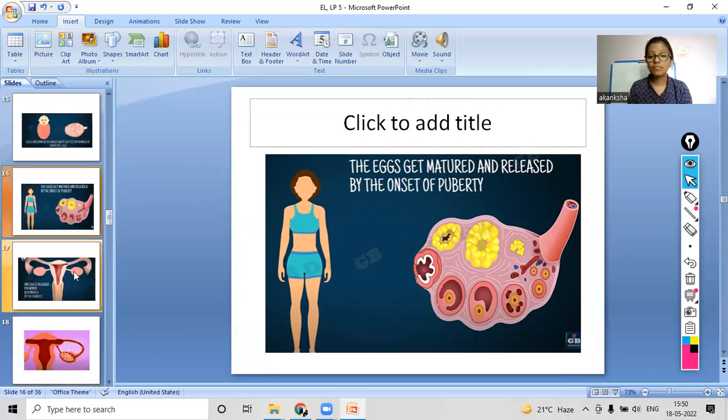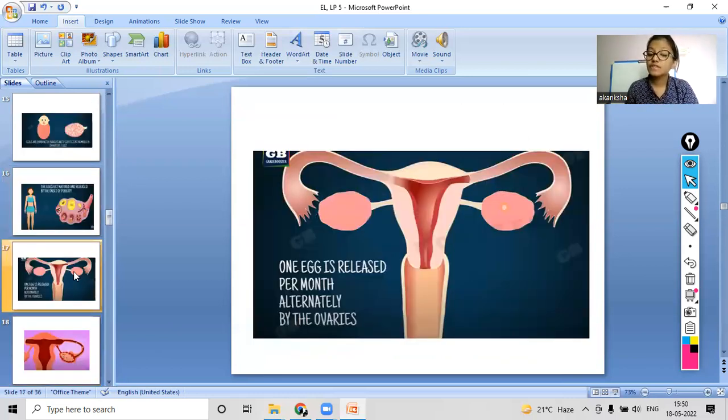One egg is released per month alternately by the ovaries. If it gets fertilized, the female will get pregnant. But what happens if this egg is not fertilized? We will see it later.